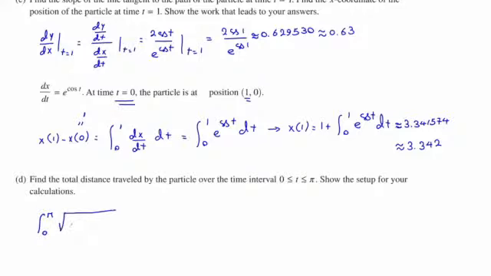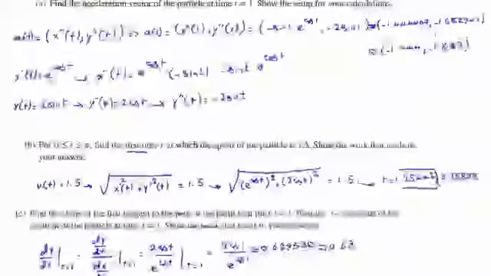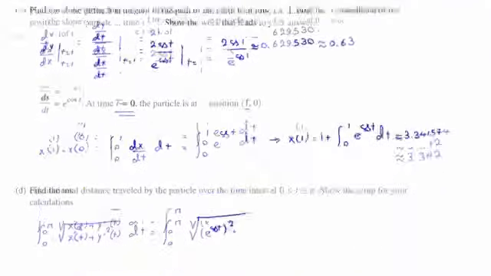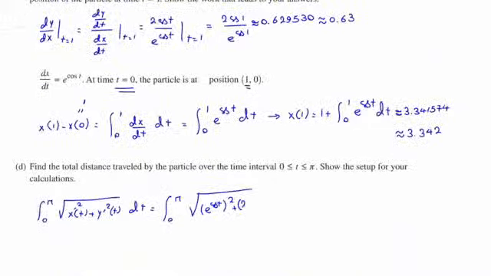So we should use this formula: the integral of the square root of x prime of t squared plus y prime of t squared dt, from 0 to pi. x prime is (e to the cos t) squared plus y prime, which we've calculated, is 2 cos t, so (2 cos t) squared, dt.